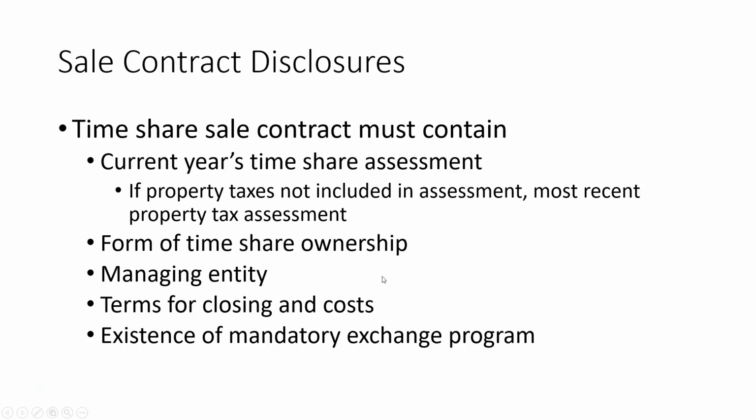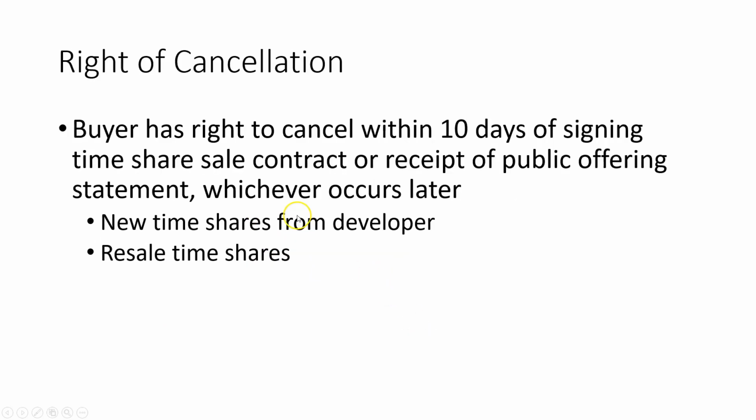Timeshare sale contract must also contain wordage which includes the current year's timeshare assessment, and if property taxes are not included, how much that property assessment is, and the form of ownership, and who is looking after it, who's managing it, and the terms for closing and cost, and any mandatory exchange program. We cover that a little bit more.